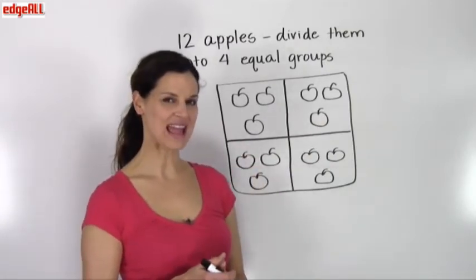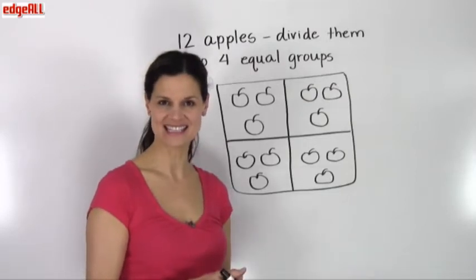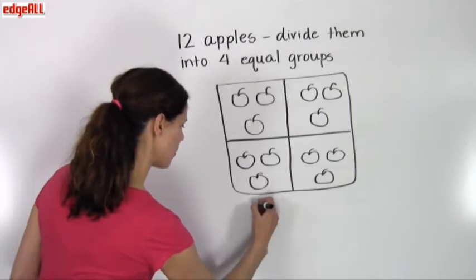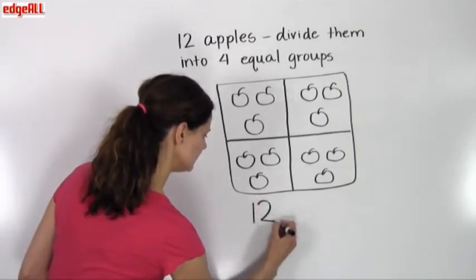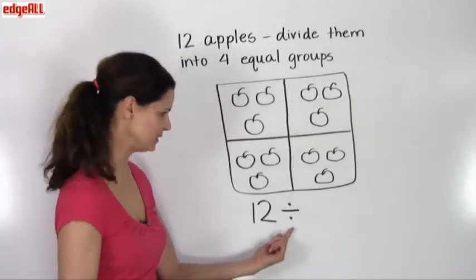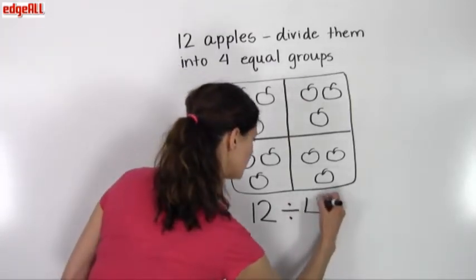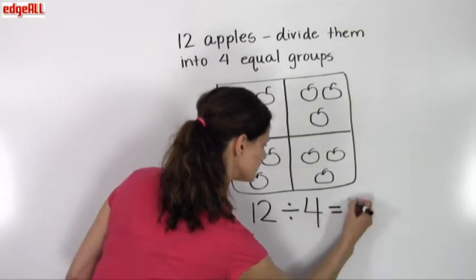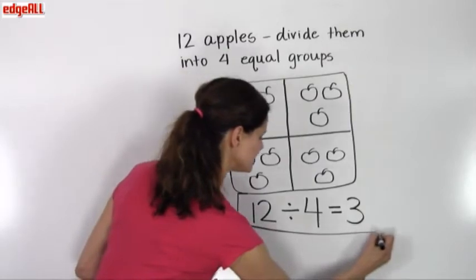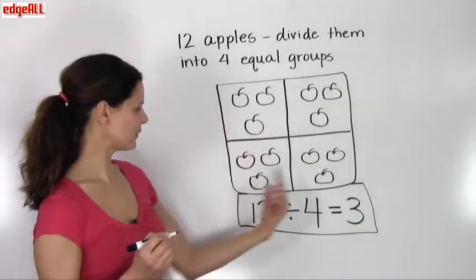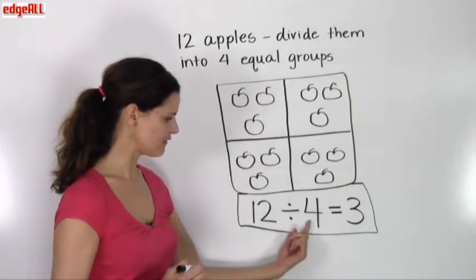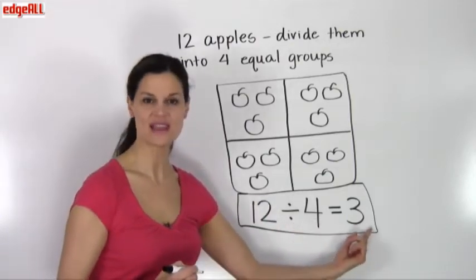So if I were to write this in a mathematical sentence using division, I would write 12 divided by, this is the divided by symbol, 4 equals 3. So my mathematical division sentence for this problem is 12 divided by 4 equals 3.